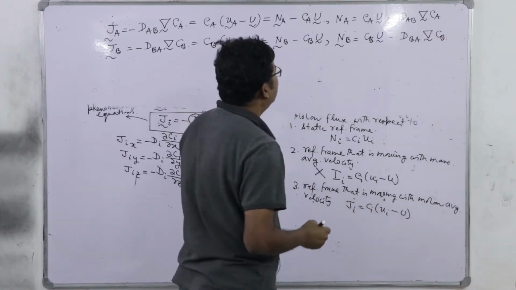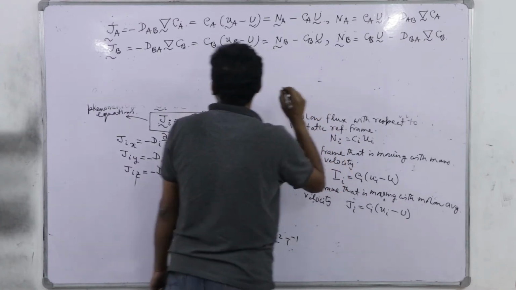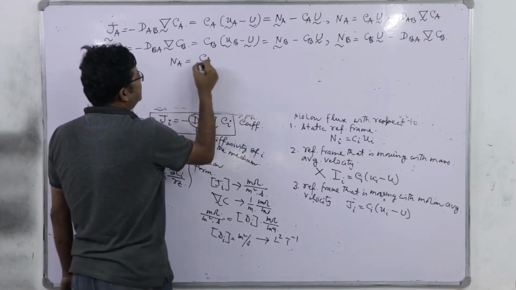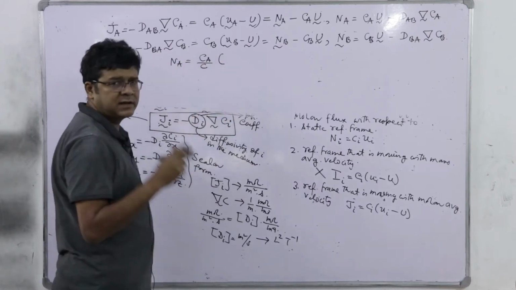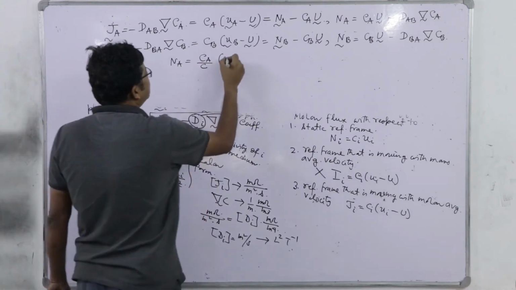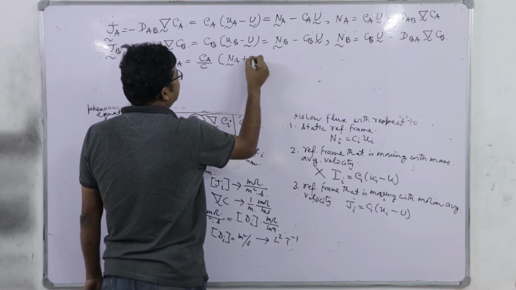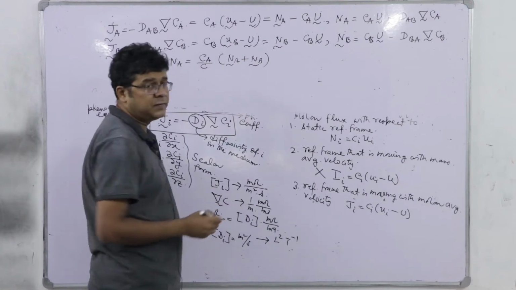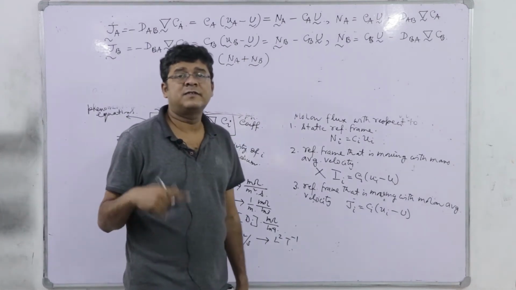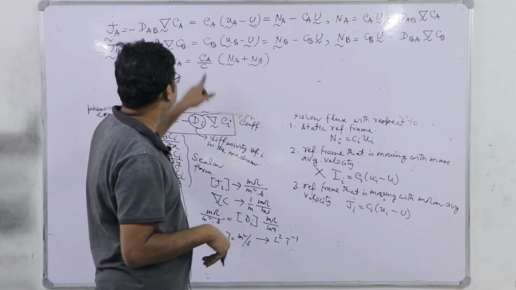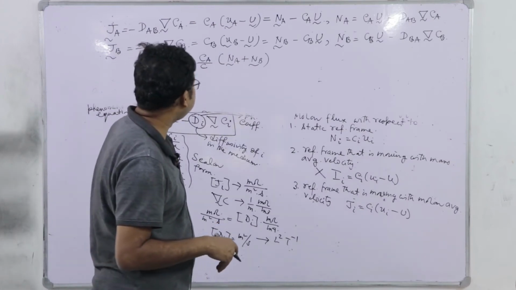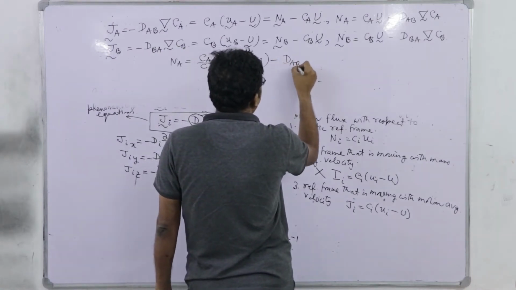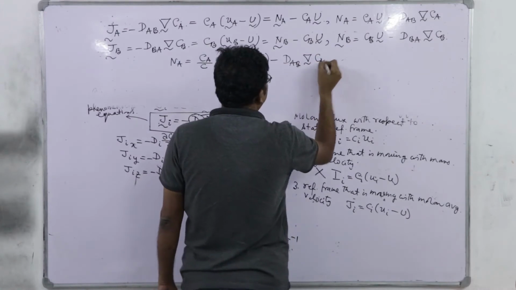Now, you see that U, if I replace the basic definition, becomes (CA UA plus CB UB) divided by C. So, here we will write NA equal to CA by C (NA plus NB), because if you follow the definition of capital U that we wrote previously, it was the summation of Ci Ui divided by the summation of Ci, which is C, the bulk concentration, minus DAB into grad of CA.